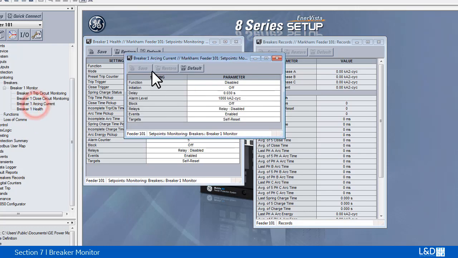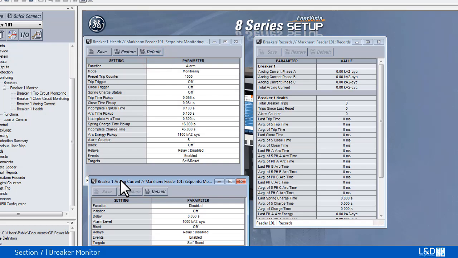If the arcing current is disabled, the arc energy is not calculated and this setting should not be used. The arc energy used here is the individual values for each trip and not the accumulated values recorded in the breaker arcing current element.